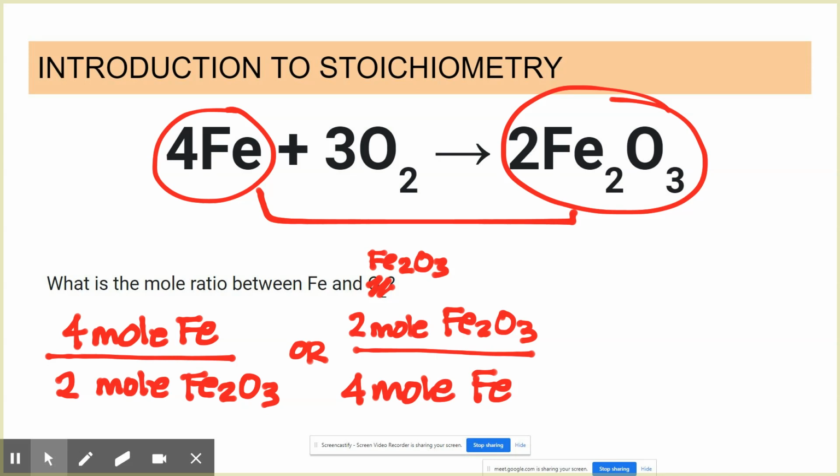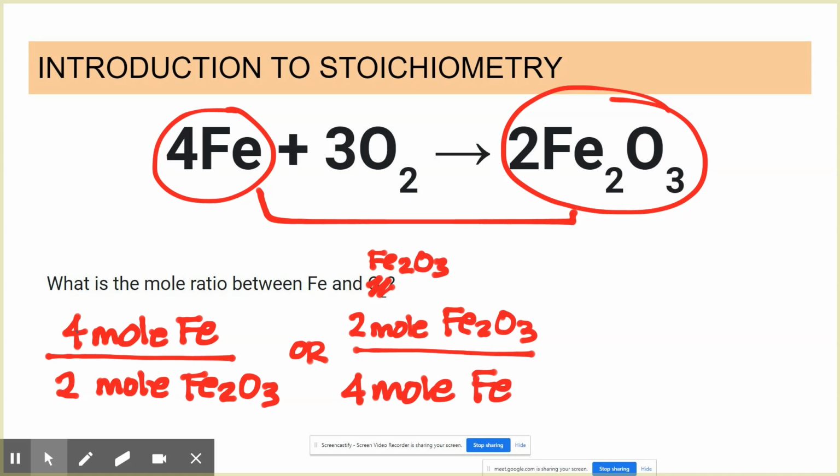Some people would write this down in the lowest terms. You can, but there is no need. You just need to look at the equation and get the numbers exactly as you see them from the chemical equation. It's a good thing that you know that 4 over 2 can also be written as 2 over 1, but there is no need to simplify it.